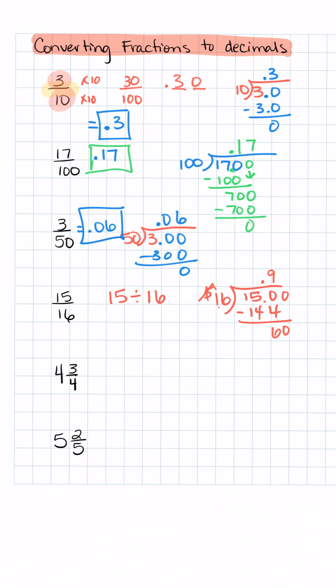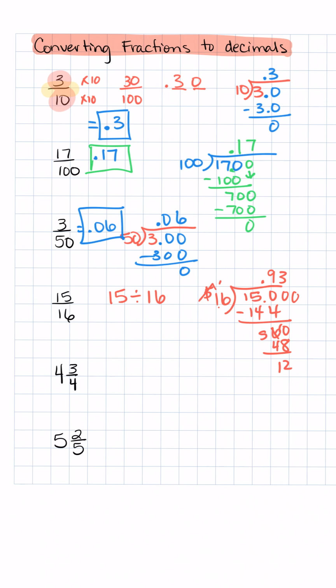Nope, 3 times. 3 times 6 is 18. 3 times 1 is 3 plus 1 is 4. 12, bring down another 0. 16 goes into 120.